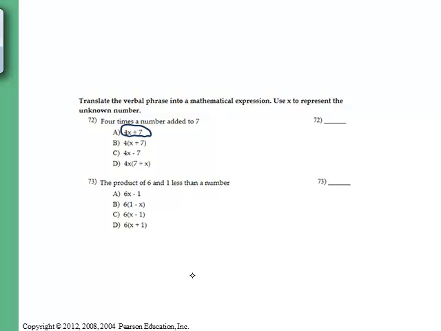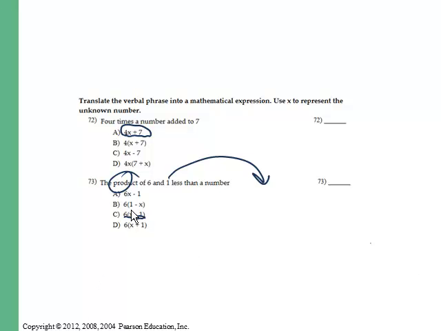And 4 times a number times 7 plus that number is the last one. Next one, the product of 6 and 1 less than. Notice the 1 less than is going to go at the end. So it's x minus 1, and then product means multiply. So it's 6 times x minus 1.